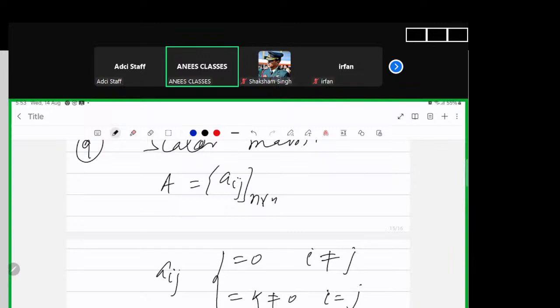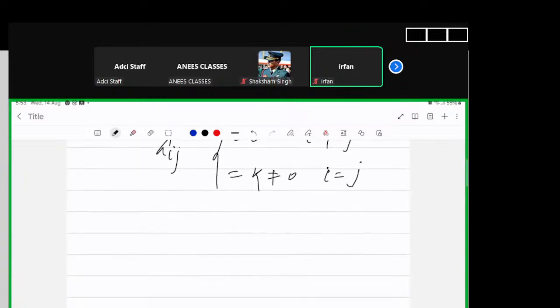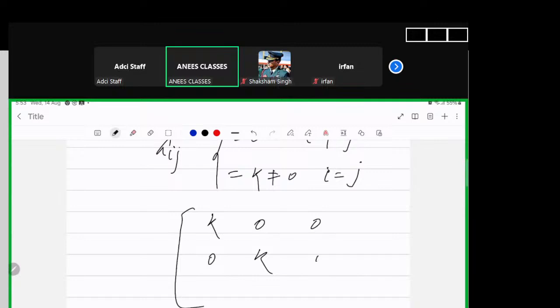Understood? So this will be like k, 0, 0, 0, k, 0, 0, 0, k. Okay? Tell me, understood? Yes, sir.